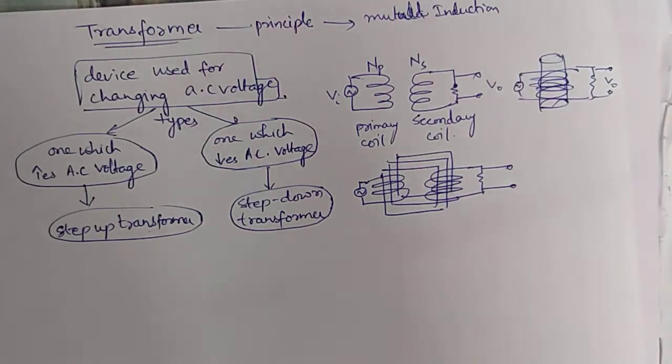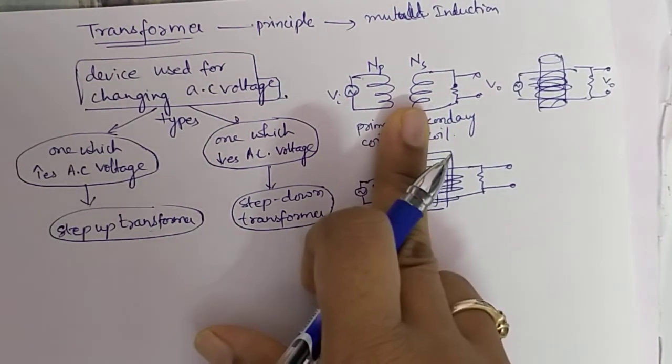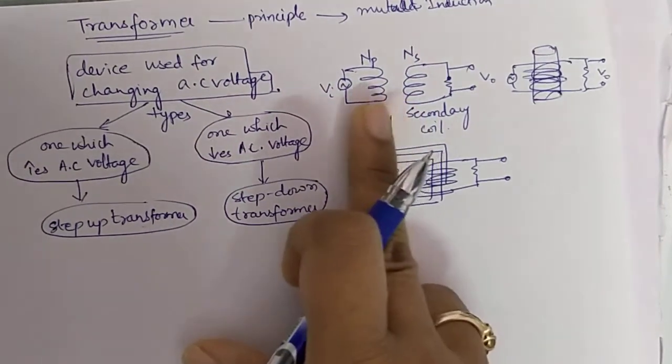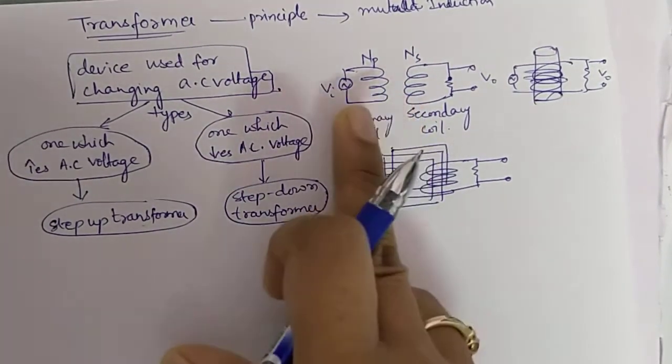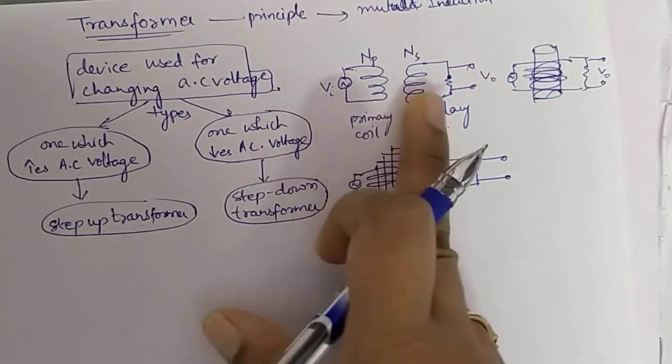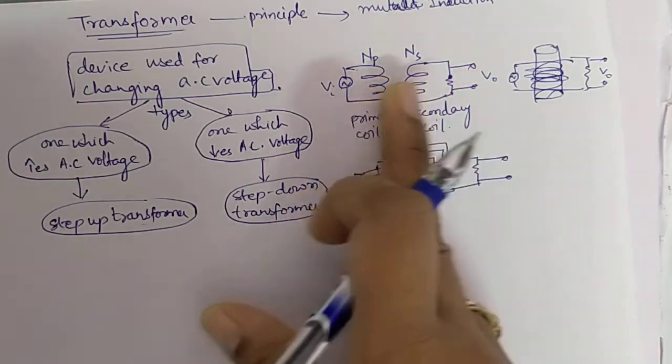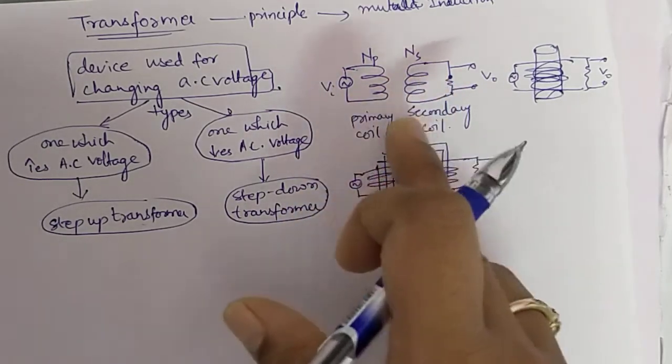These are actually inductors only. In an ideal case, the primary coil and secondary coil are ideal inductors, so there won't be any resistance offered by them. There will be very good quality conducting wire. If we consider the resistance to be 0, there will be complete mutual induction and no heat loss because of the resistance of the wire.